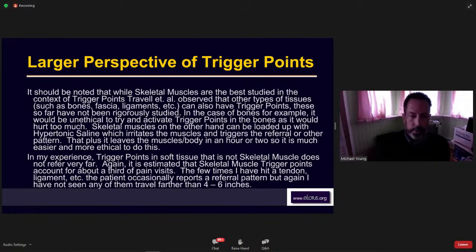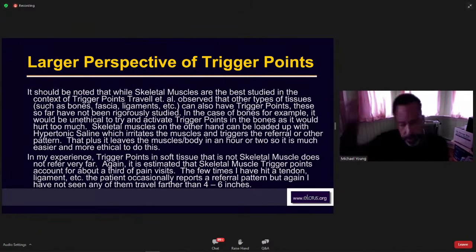You'd have to be like a Dr. Mengele or something to inject people in the bones, and you couldn't get people to participate. Skeletal muscles, on the other hand, can be loaded up with hypertonic saline, which irritates the muscles and triggers the referral pattern. Then it leaves the body in an hour or two, so it's easier and more ethical to do this.